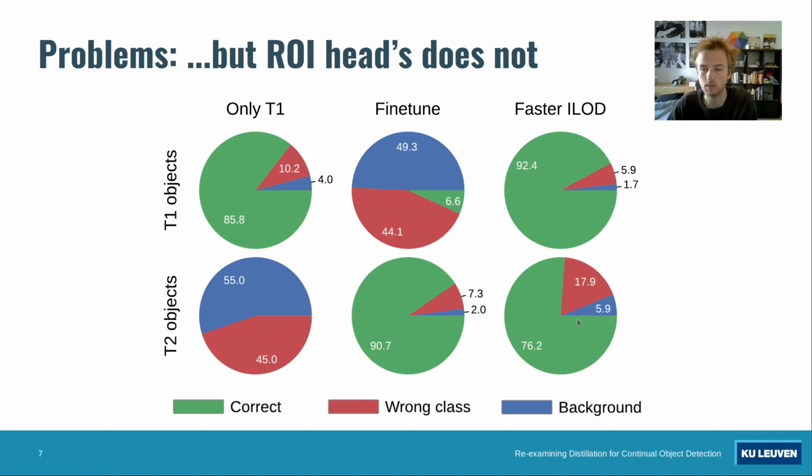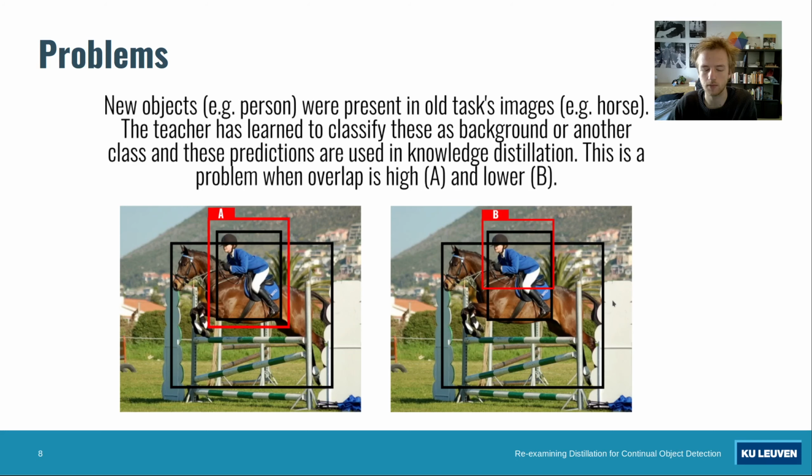So the problem is mostly in not learning to classify the new classes, because for the objects of the first task, you still get above 90% classification accuracy in the model. So we tried to look at how we could reduce this 18% error and the 6% background error, and how we could let the model learn the new task better.